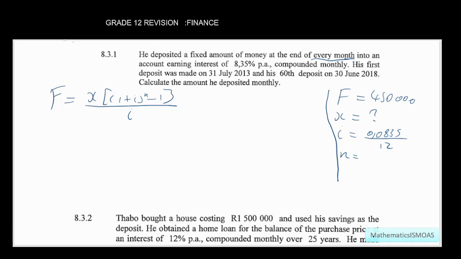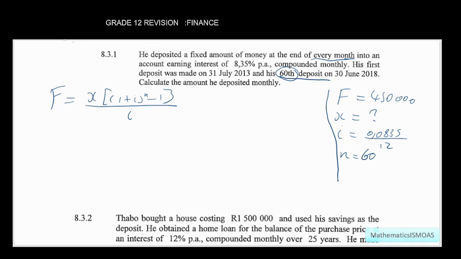So with this one, we are already told that Thabo is going to make 60 deposits. Therefore, our n here will be equal to 60. So what we need to do is to substitute the information in our formula and solve for X.